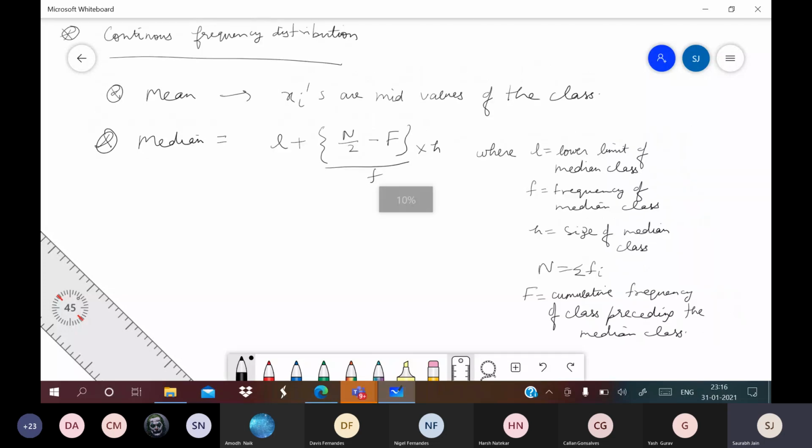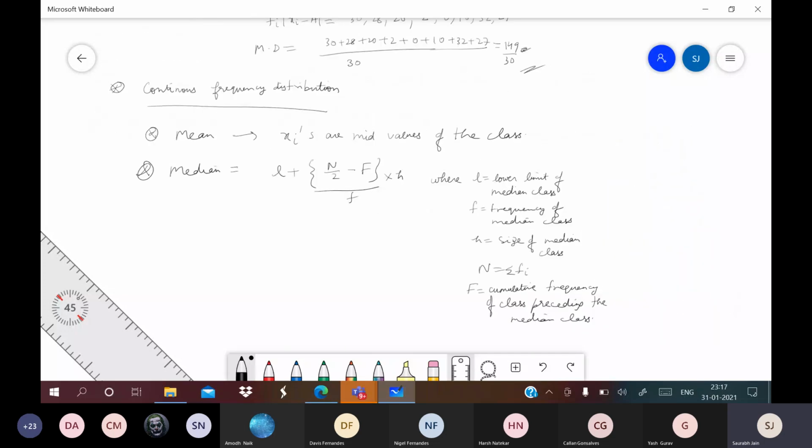Mean and median for continuous frequency distribution, that means whenever class is given. When you have to find mean, you will use the same formula, sigma fi xi upon sigma fi. But what are xi's? I have written they are the mid values of the class.